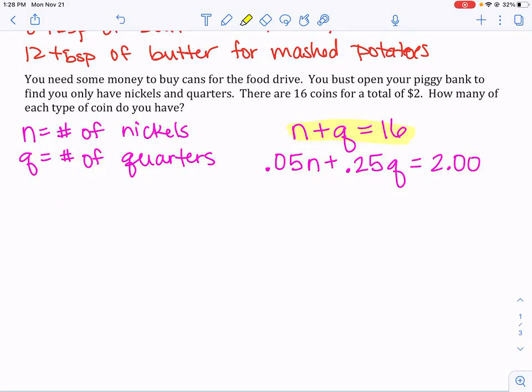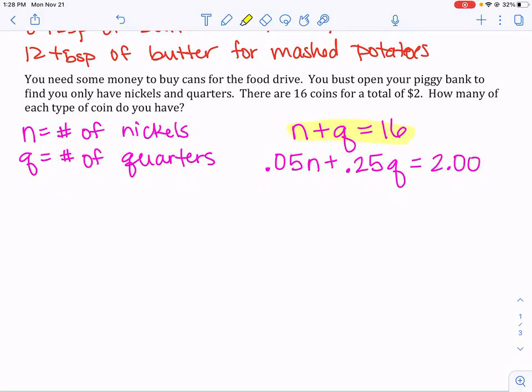Okay, so just like we did over here, like we rearranged this to be x equals 7 minus y, right? You could do that with this equation right here. What's the other equation? Pick n or q. Okay, eyes up here.